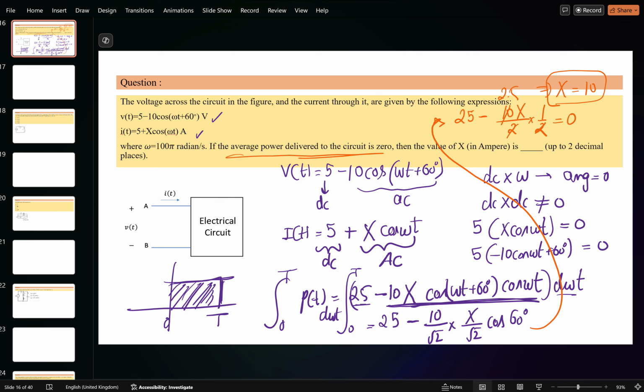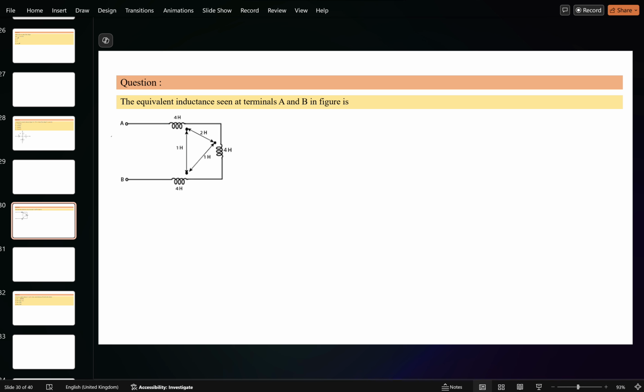This is related to the mutual and the self-inductance. If you have seen the slides or the lecture, then you can solve it easily.